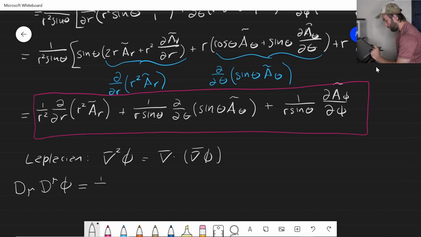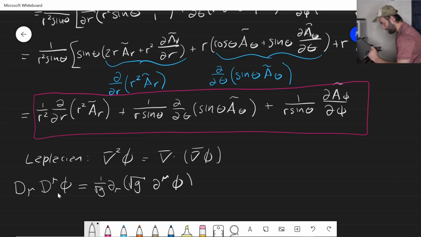That's that 1 over root g d mu root g. And then this whole term was acting on our vector, but now our vector is the gradient. So that's just going to be our d mu phi. That's our contravariant vector, sorry.